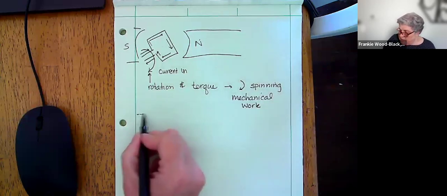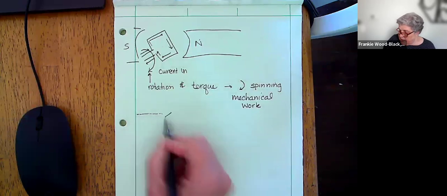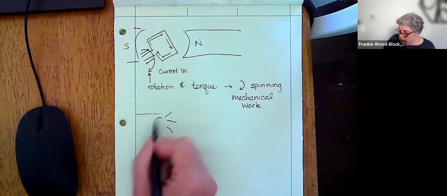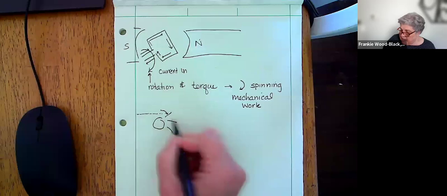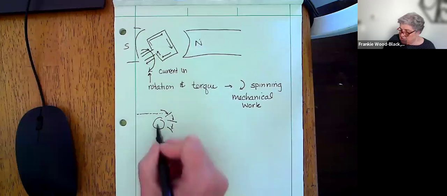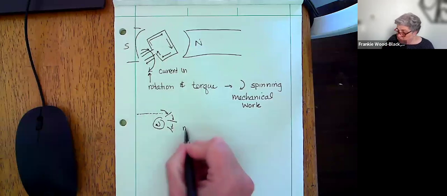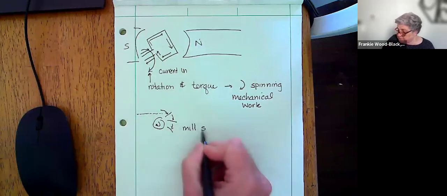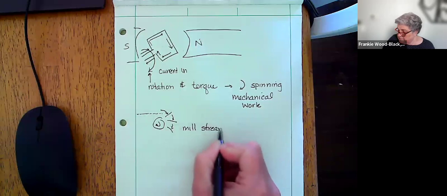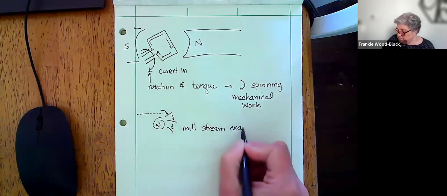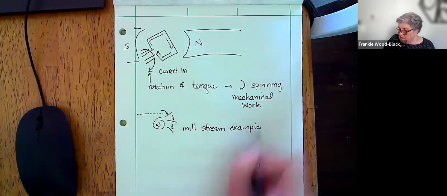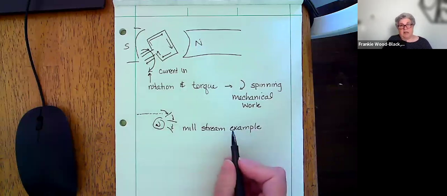And if you use the water analogy, and I have my water wheel here, I have my water coming down and it causes this to rotate, and I get a rotation here. And this is our mill stream example. That allowed me to do mechanical work.